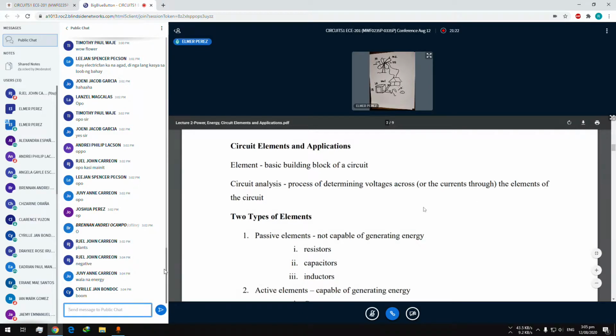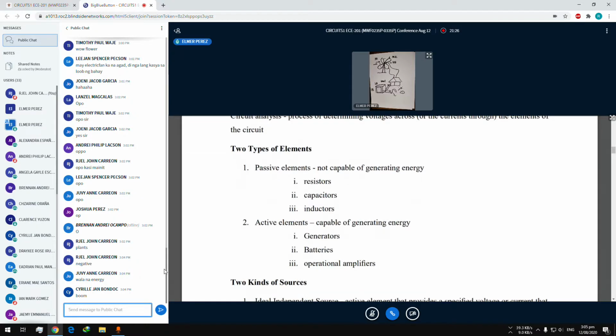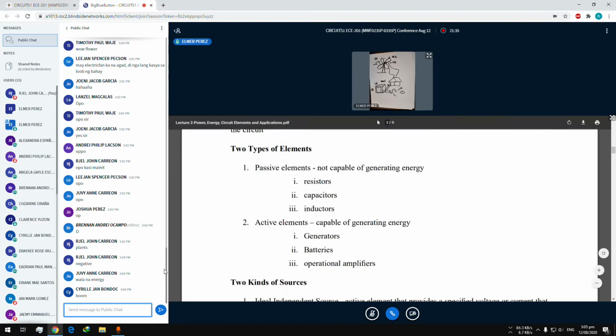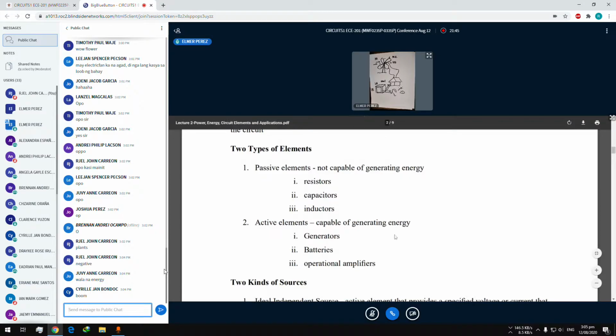So meron tayong two types of elements, passive and active. Passive elements are not capable of generating energy, like resistors, capacitors, and inductors. I think you are familiar with resistors mostly. Siguro konti capacitors. Inductors, hindi pa siguro, but we'll go to them later.